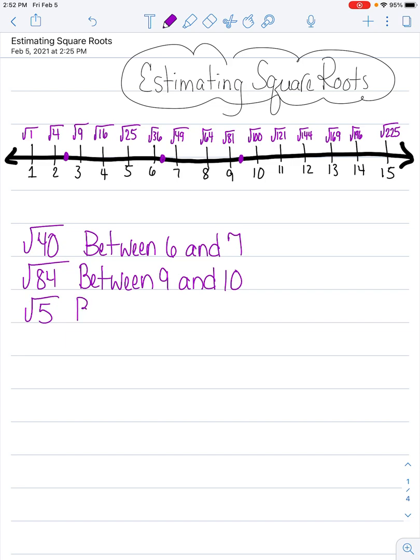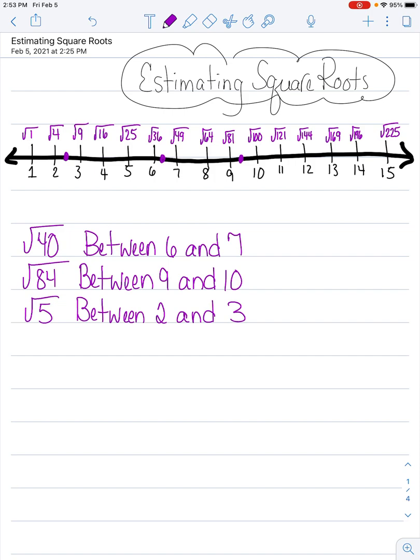So I estimate that value to be between, now let's look at the black numbers, 2 and 3. And if I used a calculator, we would find that the square root of 5 is like 2 point something. The square root of 84 is 9 point something. The calculator gives you an exact amount. We're just estimating. That's all we're doing. And these are called square roots of non-perfect squares.